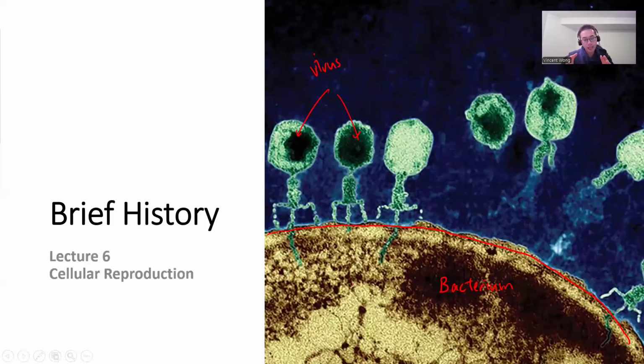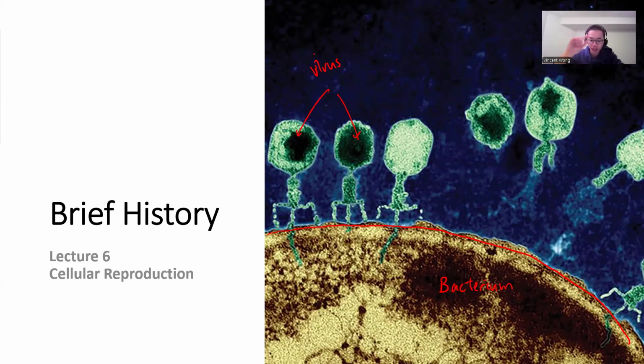And that something is going to hijack the bacterium's machinery. So it's going to take over its ribosome and things like that. And it's going to start forcing it to make more viral particles. Okay, and then the viral particles come together and assemble into a full virus, which then gets released from the bacterium.